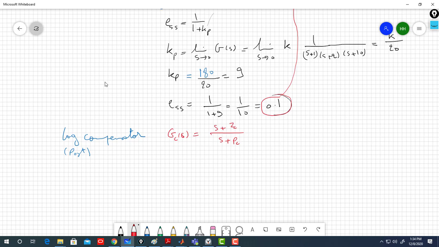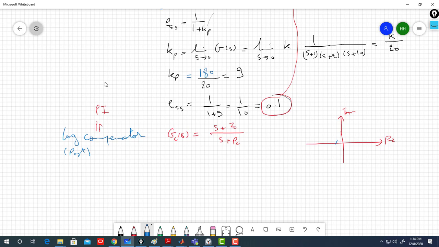Well, a lag compensator is equivalent to a PI controller. Where to put this in the complex plane, imaginary and real? Where to put the zero and the pole?